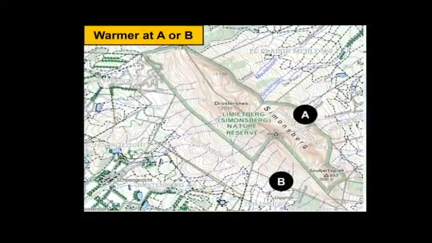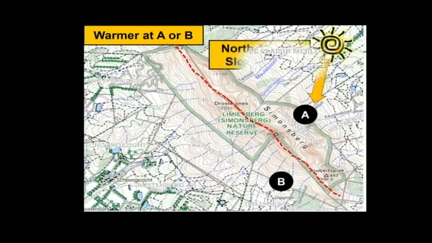Here we've got A and B. Which one of the slopes A and B is warmer? And remember, this is all our maps in the southern hemisphere. And what would our answer be? Our answer would be that. I look at the north-facing slope, and then my answer will always be that the north-facing slope is much warmer. In other words, A, which is the north-facing slope, is much warmer than B. Okay?